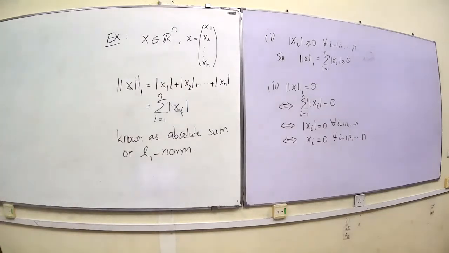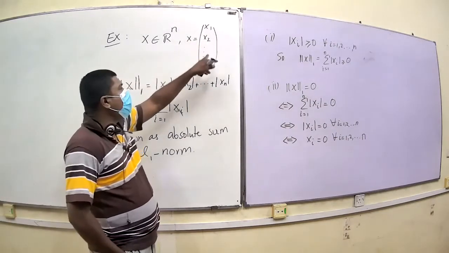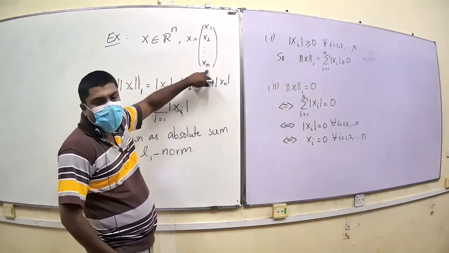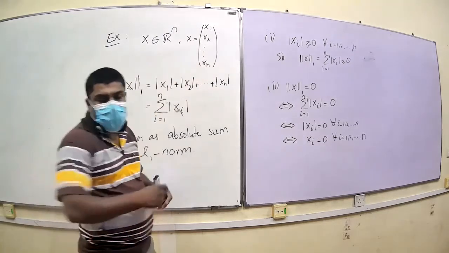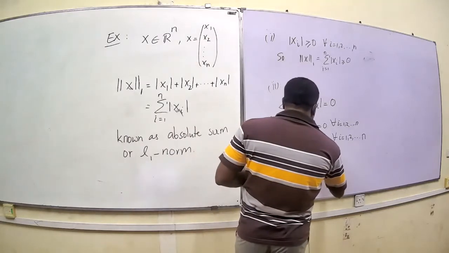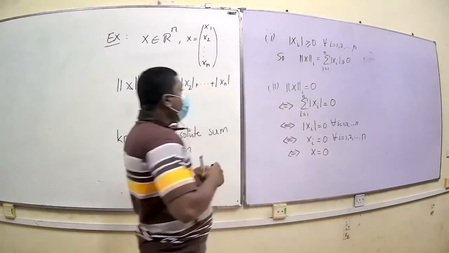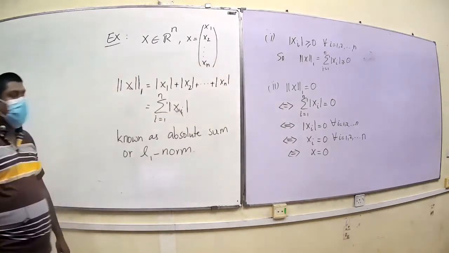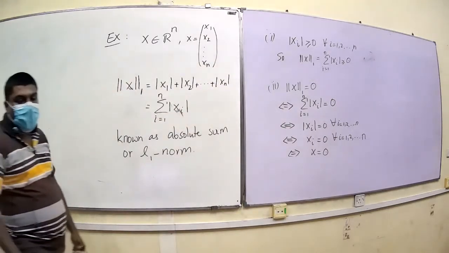Now each component of x is 0, all of them are 0, so x should be 0. That is the second condition.